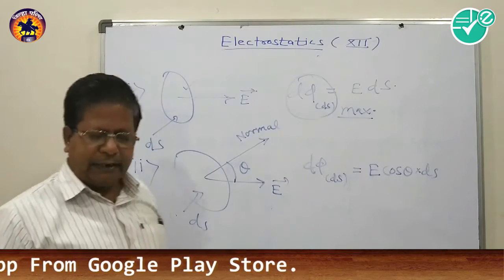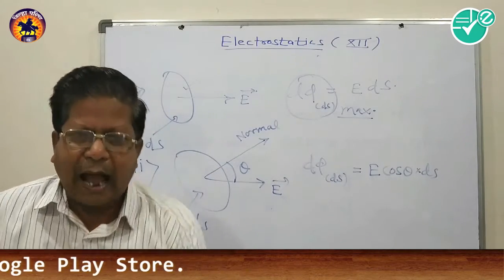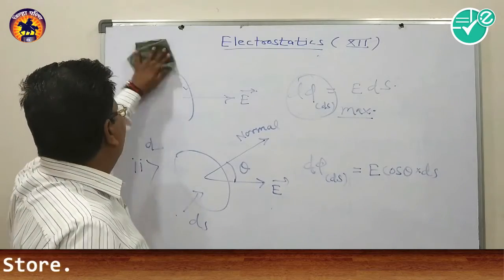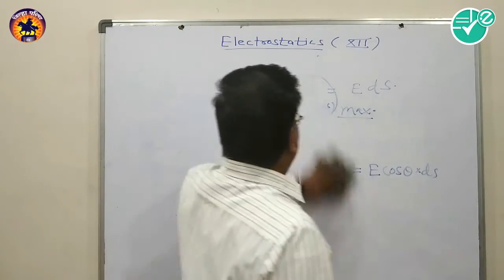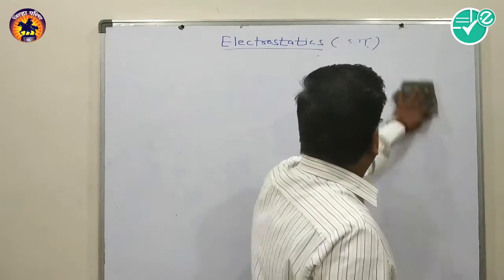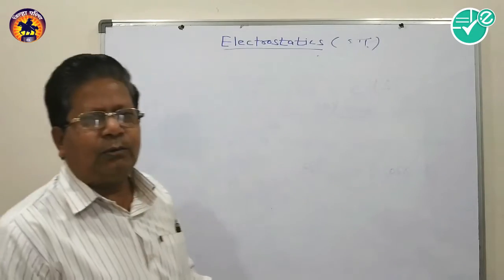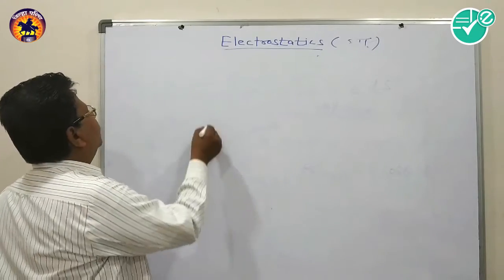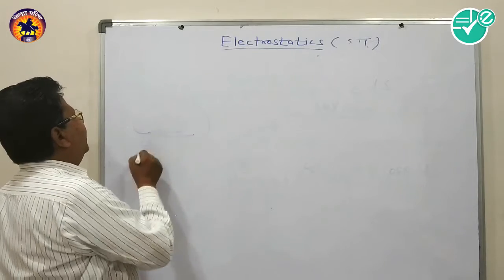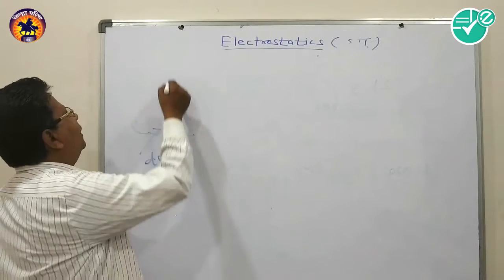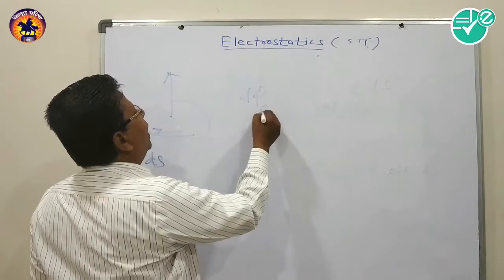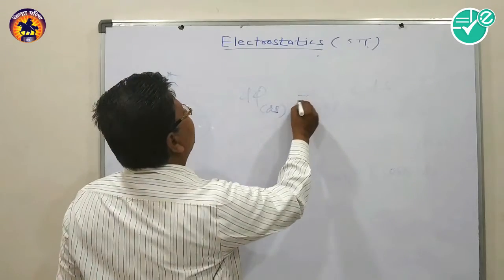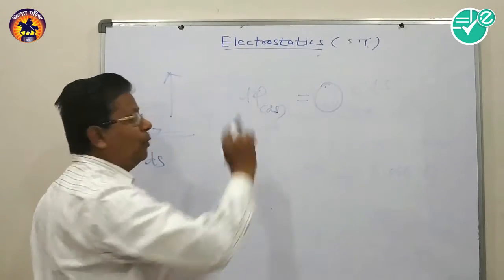Again, the third case regarding the electric flux is if the area ds is parallel to the electric field. So this is the area ds and this area ds is parallel to the electric field. Then in this case d phi over ds is equal to 0.